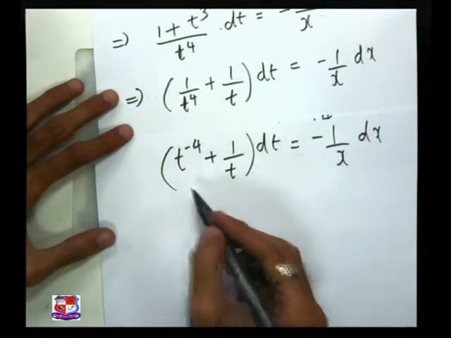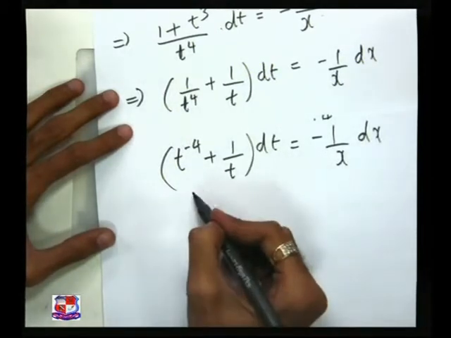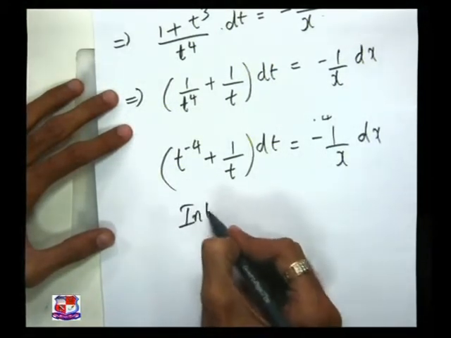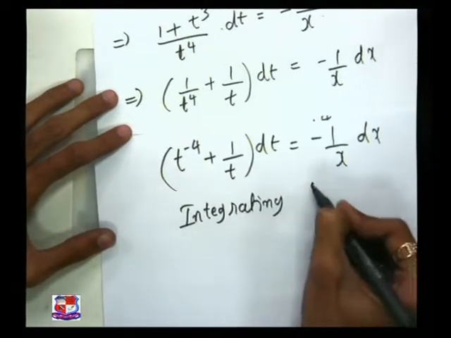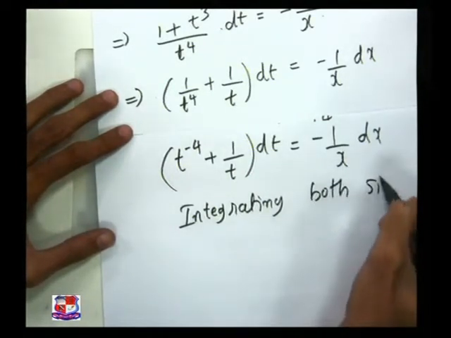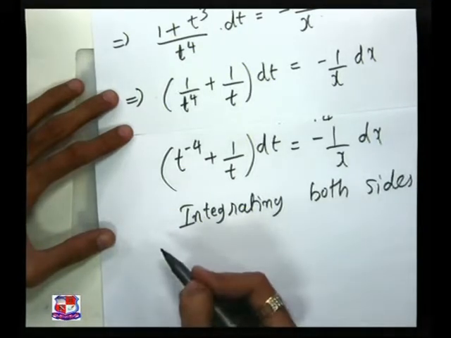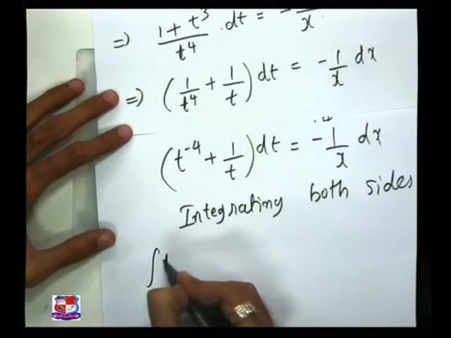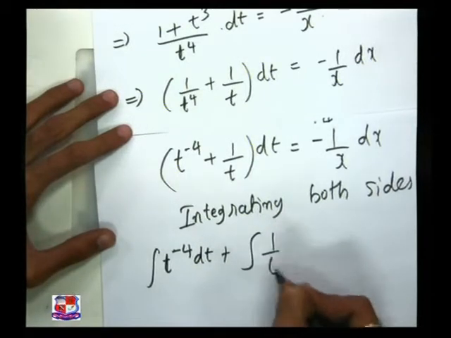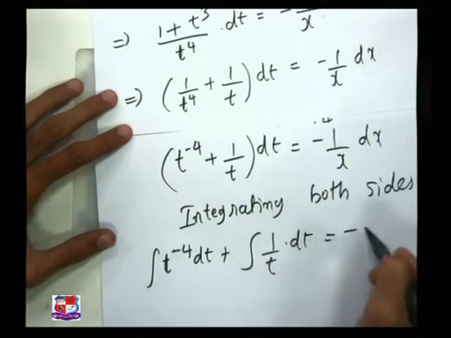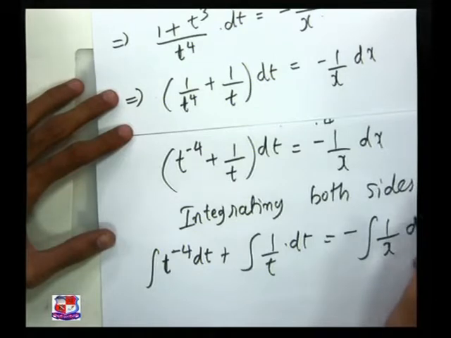Okay, so here variables are separable, so by integrating both sides, I will get integration of t raised to minus 4 into dt plus integration of 1 upon t dt is equal to minus integration of 1 upon x dx.